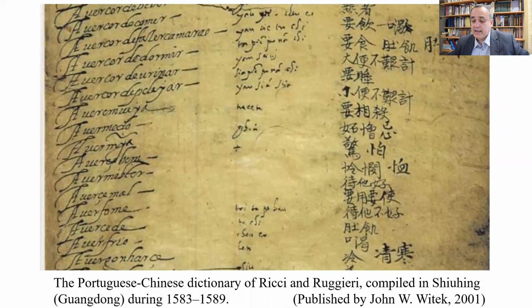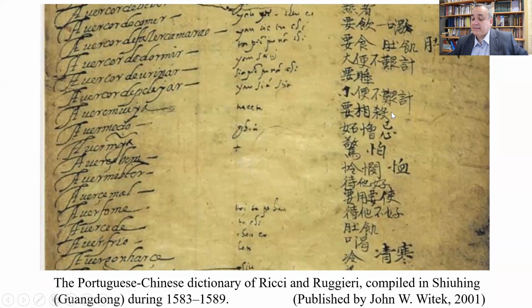It's a large dictionary, and it was lost for some time, but it was discovered recently and then published by John Wittek in 2001 as a facsimile edition. And so you can see here that you have the Portuguese words, and then you have the Chinese words on the right side. In the middle, there's the transliteration, and the right-hand side is written from left to right.